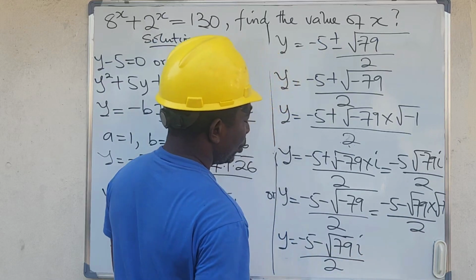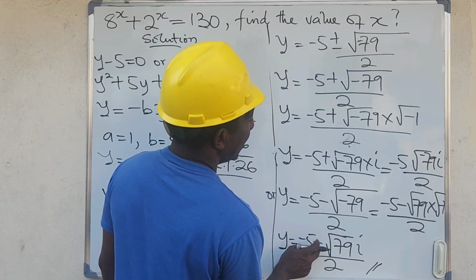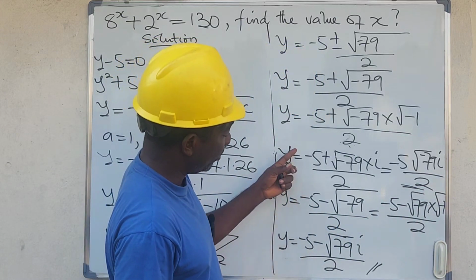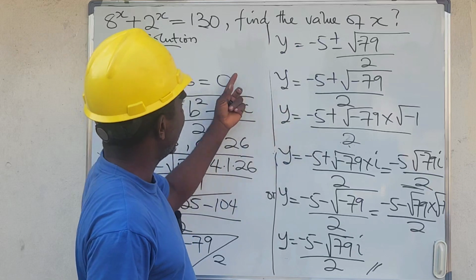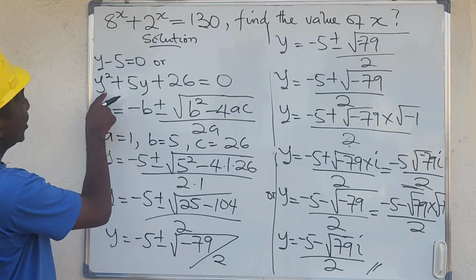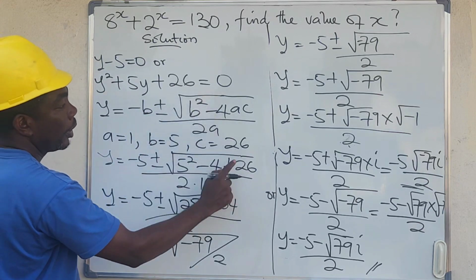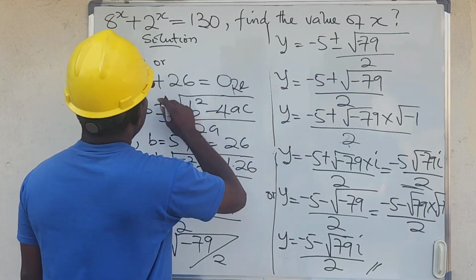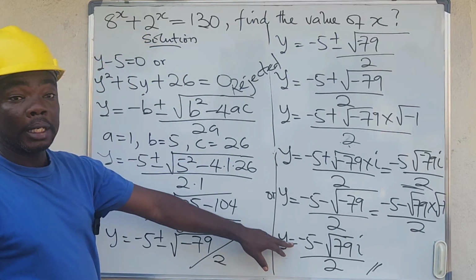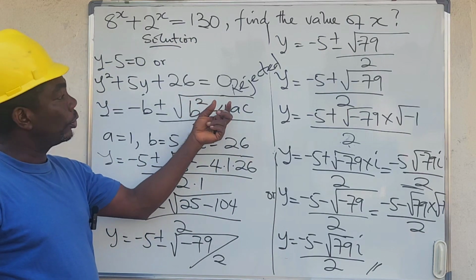So we have the value of y as the first one here and the second one here. You can see that both of them are negative, and the value of y in this case cannot be negative. So the solutions of y squared plus 5y plus 26 equals 0 are rejected, because they are imaginary numbers, or they have a negative sign. The positive value cannot equal a negative sign.